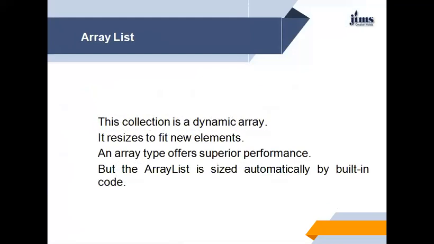Now the next thing is ArrayList. This collection, ArrayList, is a dynamic array. It resizes to fit new elements. An array type offers superior performance, but the ArrayList is sized automatically by built-in code. ArrayList is dynamic; it is resized.